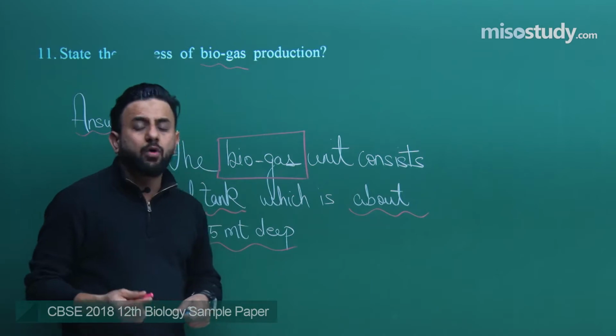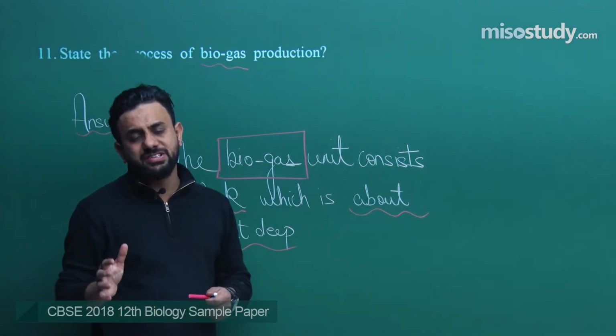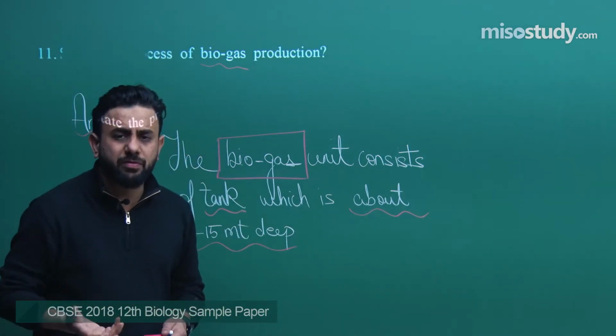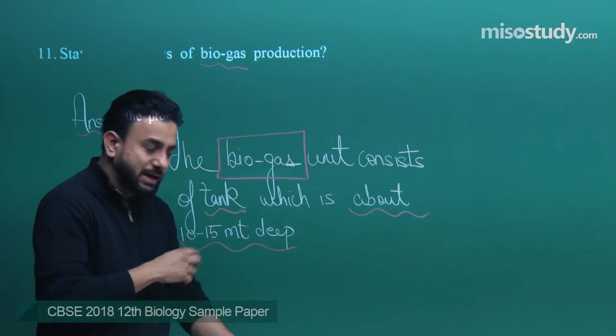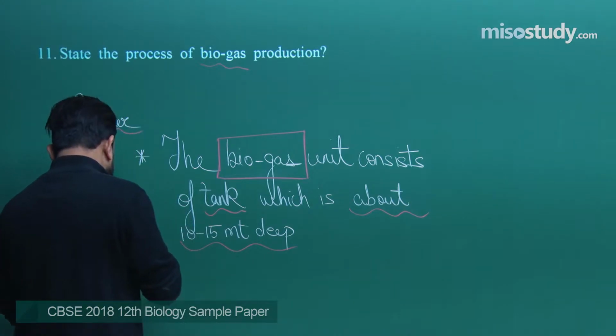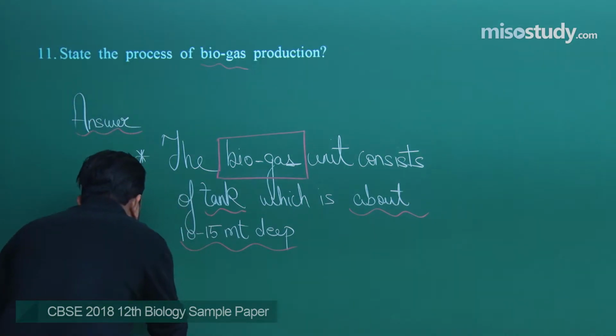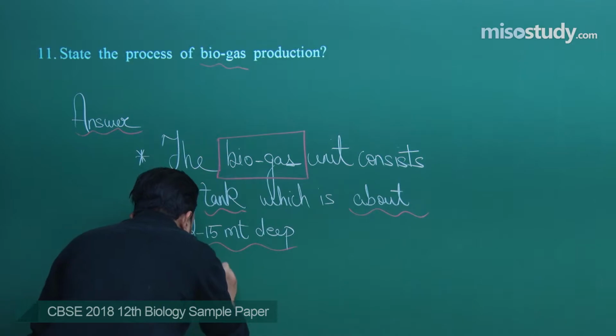Now what is added to this tank? A slurry of bio waste. For example, any degradable waste like cow dung or animal dung can be added to this tank.